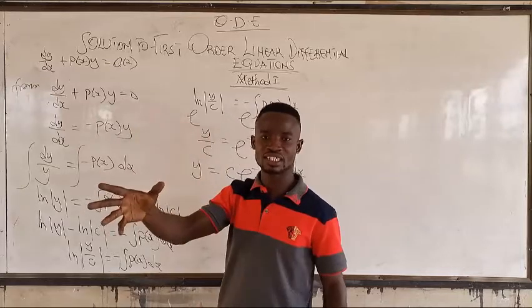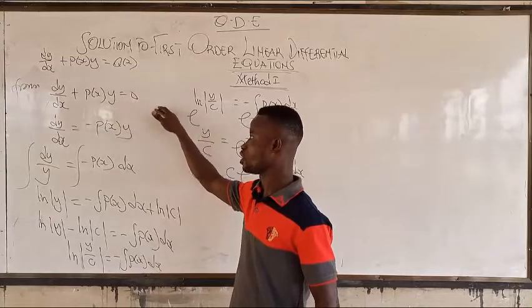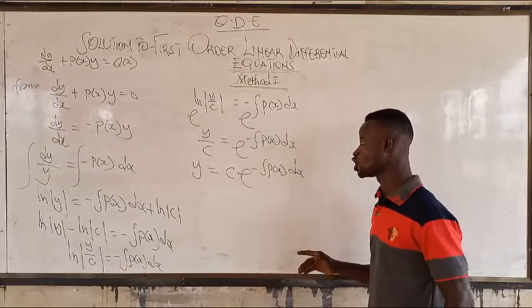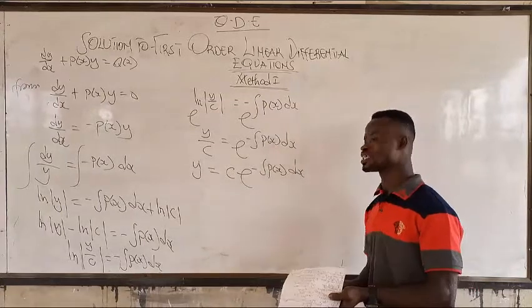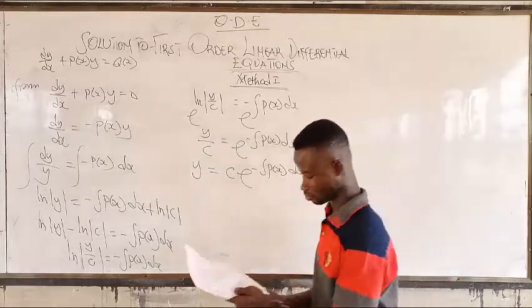Not just by equating it to 0, but first knowing that it's in this form, then equate it to 0. Then you find the general solution. So this becomes the general solution for the homogeneous part.